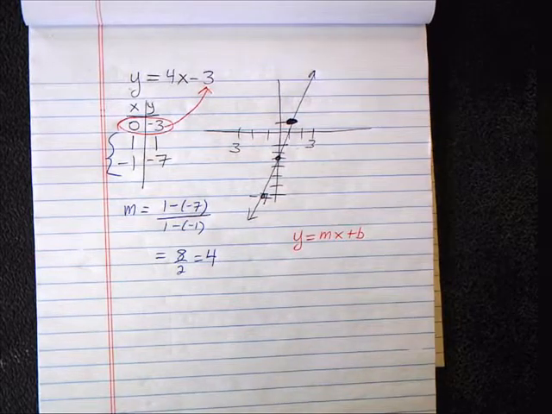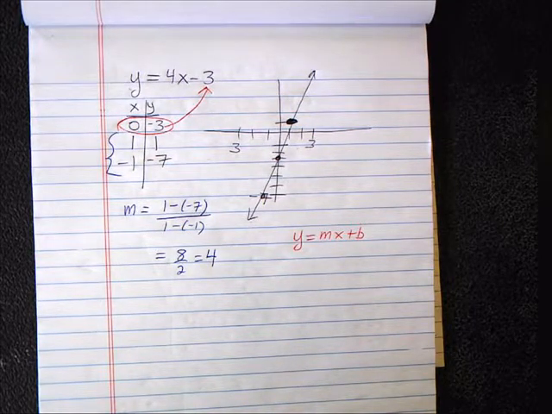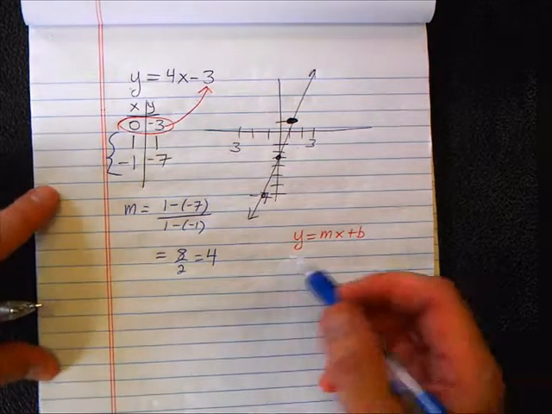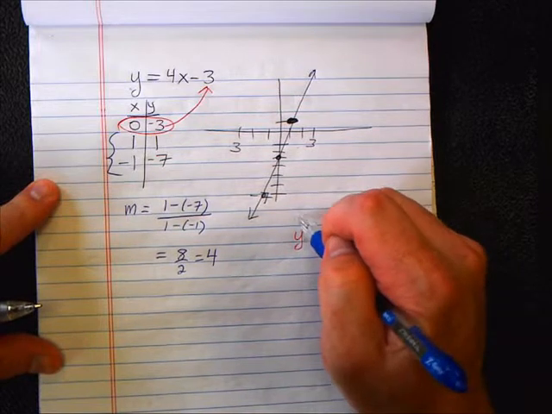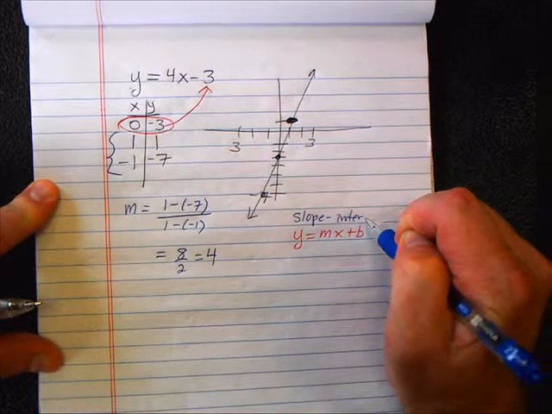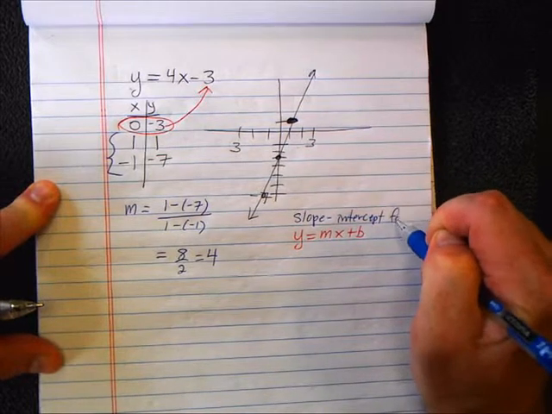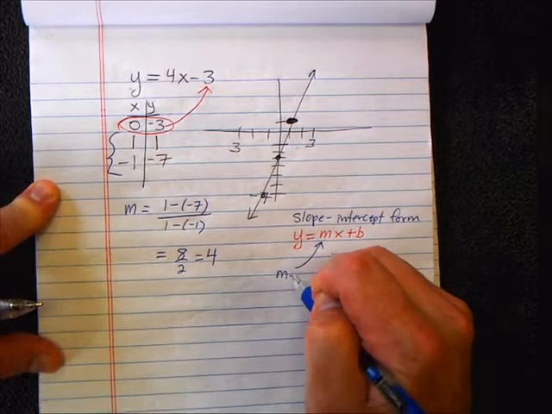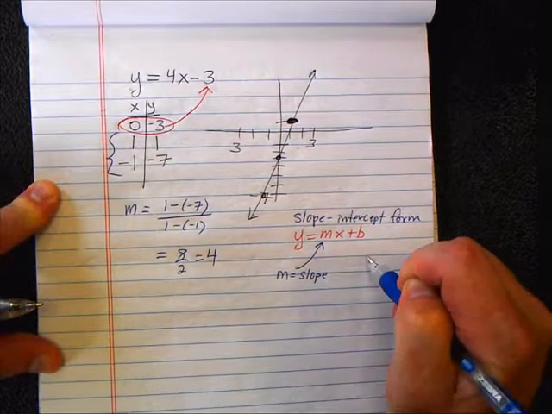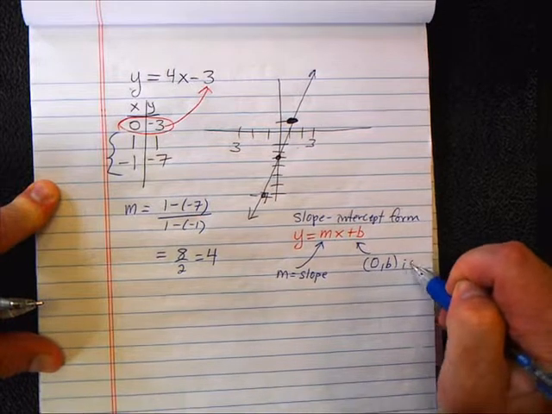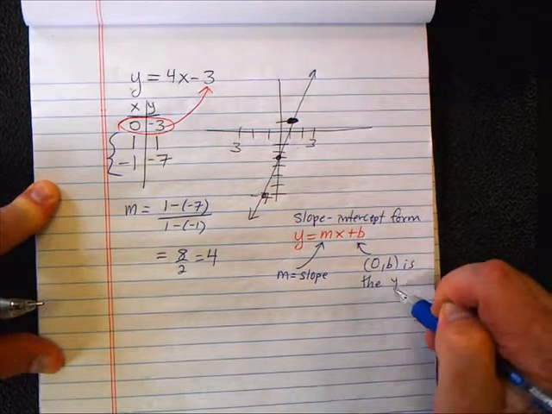That number happens to be the slope, and it's always going to work out that way. So this equation, y equals mx plus b, we talked about the other day. This is called slope-intercept form. And the reason it's called that is m equals the slope, and (0, b) is the y-intercept.